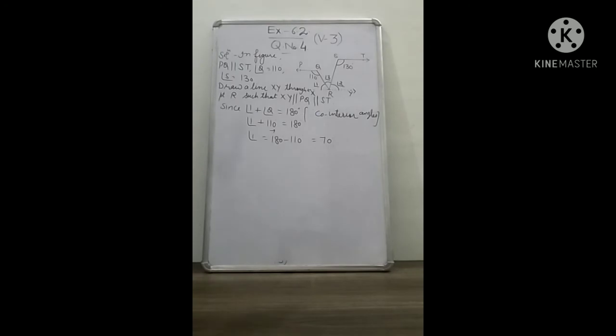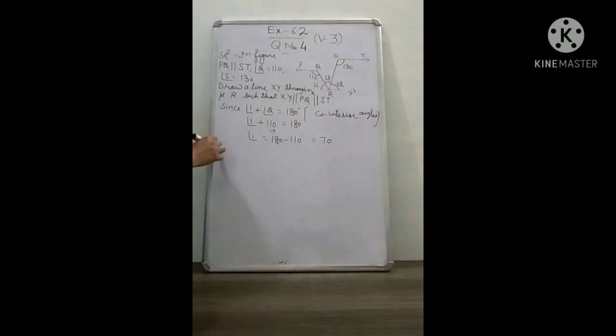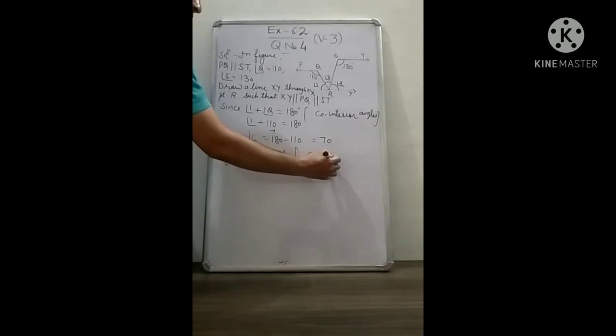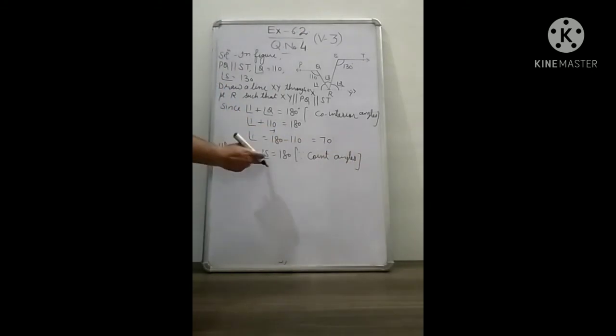In the same way, now you have to find the measure of angle 2. Here these two lines are parallel and SR is the transversal. Similarly, you write angle 2 plus angle S is also equal to 180. Why is it the same reason? Because these are co-interior angles, so their sum will be 180.